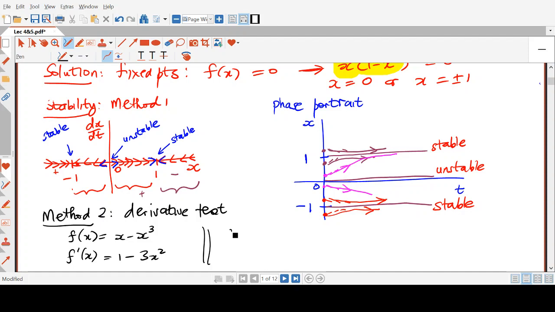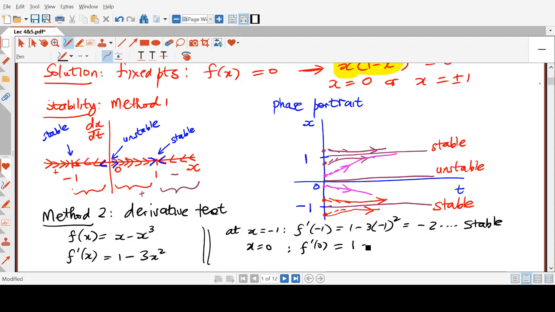If you take x equals -1, f dash -1 will be 1 minus 3 into (-1) squared, which is 1 minus 3, which is minus 2. If it's negative, it's stable. It's an attractor. At x equals 0, f dash at 0 will be 1 minus 0, which is 1.